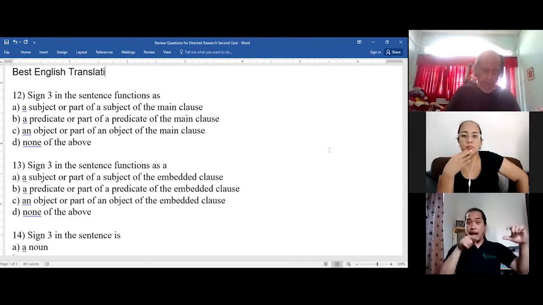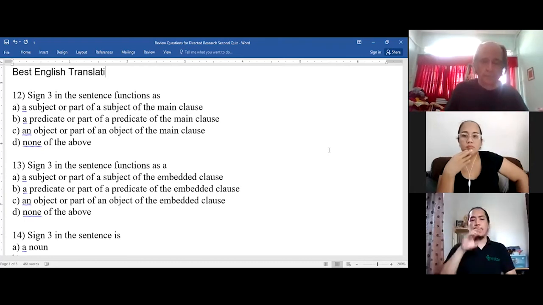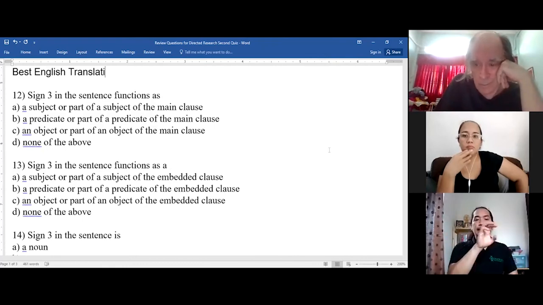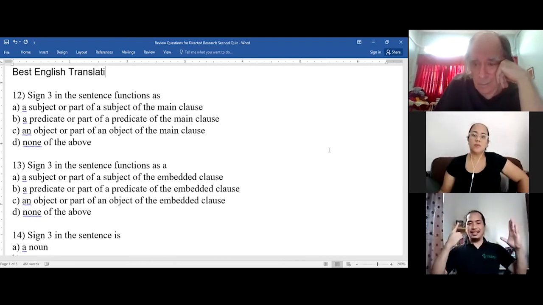So the sentence, the main sentence, the together is not part of the predicate in the main clause. Together is the predicate for the embedded part, but not the main. If you understand that?